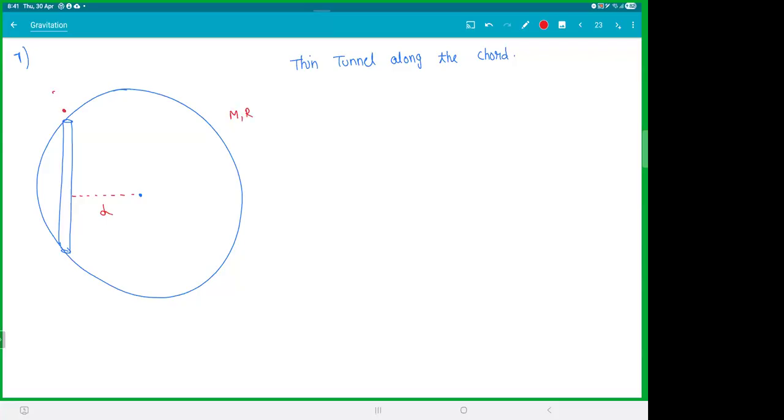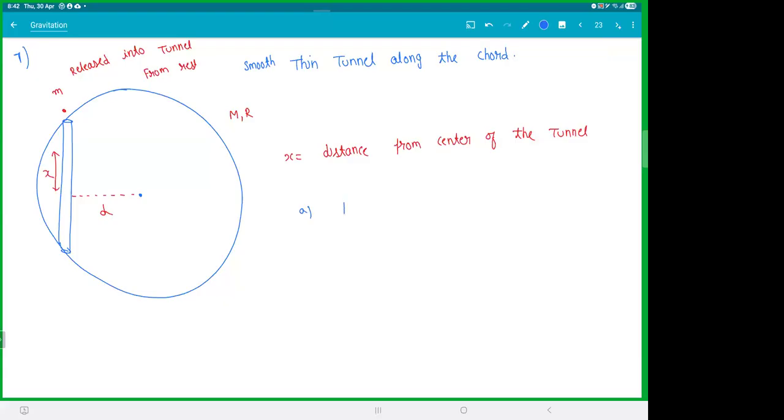You have taken a particle small m and you release from rest into the tunnel. Let this distance be x, so x is the distance from the center of the tunnel. We will assume it is a smooth tunnel.